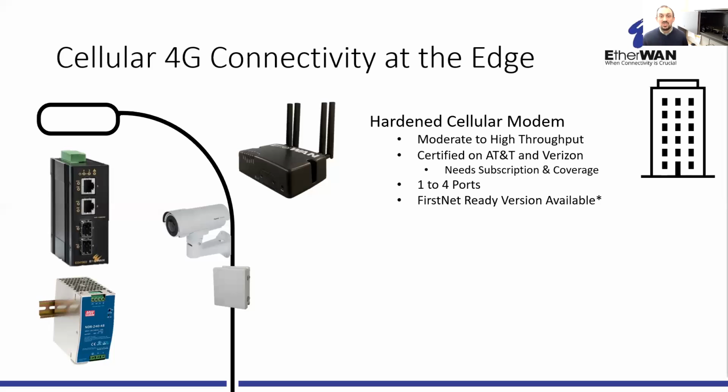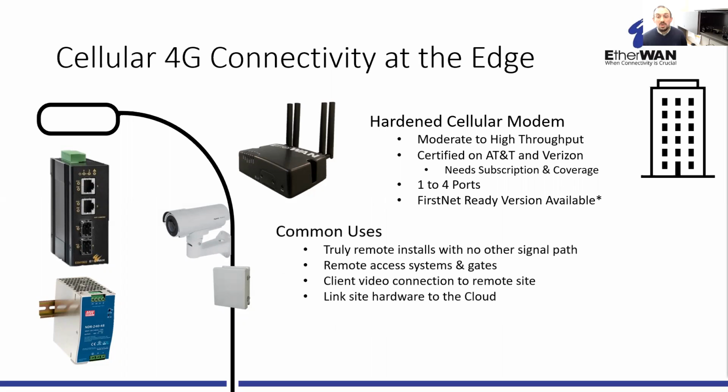I need those devices to take priority. So that's what that FirstNet is talking about. Probably won't be your everyday scenario, but an important thing to know that's available. And again, if we're dealing with security and critical infrastructure and emergency infrastructure, that's an important one to just be aware of and keep in your back pocket.